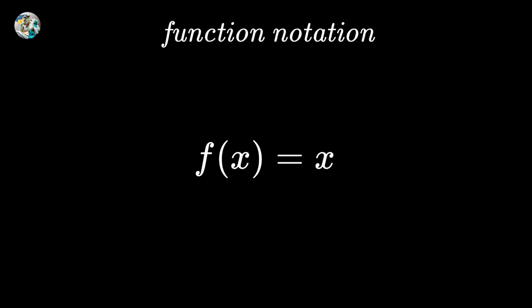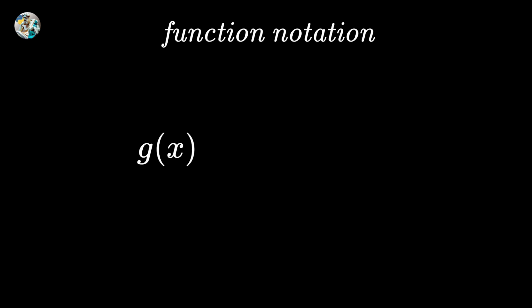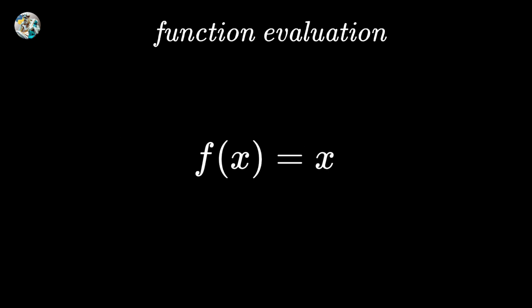So here, x is between the round brackets, and so is x in the input. Functions can also be named with other letters like g of x or h of x. With this, we can get started on evaluating functions, which basically means changing the output between the round brackets.